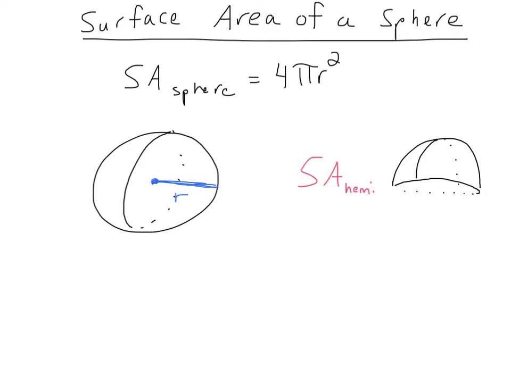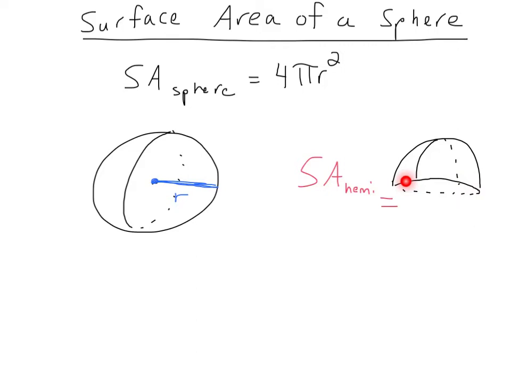Now, here's what's interesting. The surface area of a hemisphere, it depends. So imagine if I chopped this sphere, and let's say that this base is filled in, or let's say it's going to be painted.